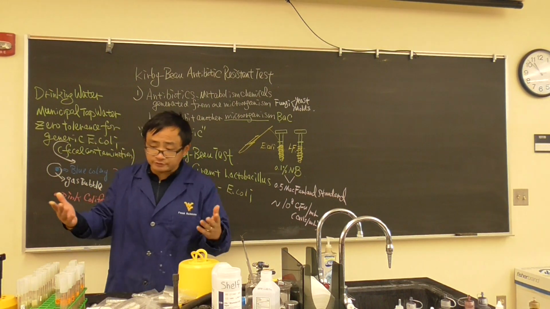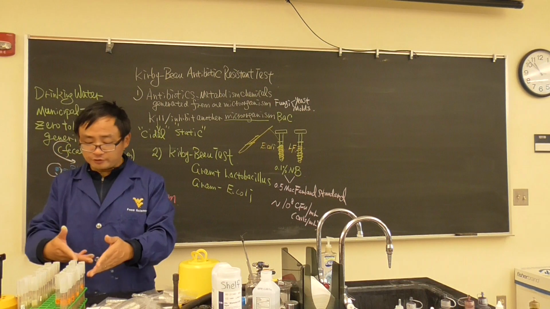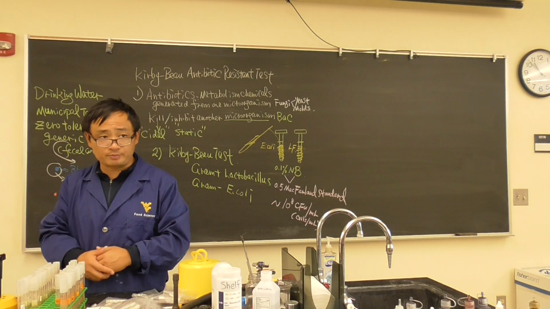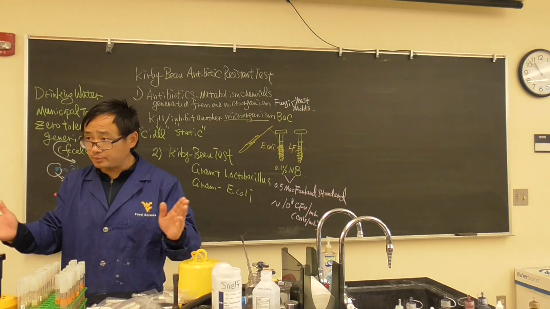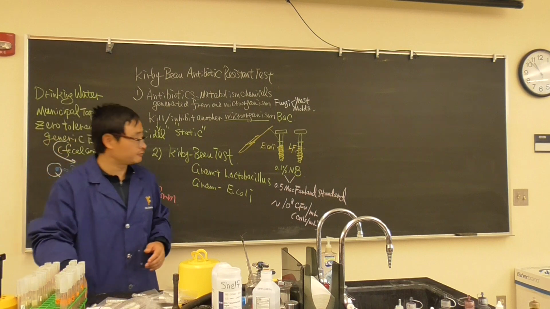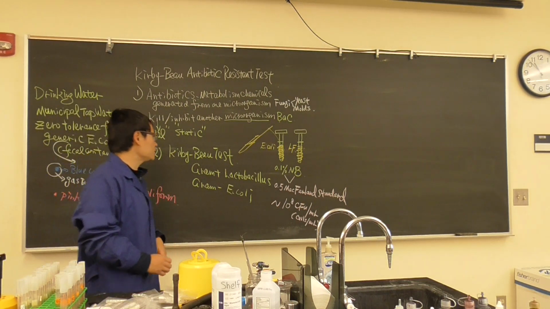But today, you don't have to do that, because we know if you pick about 1 or 2 colonies from these slants and put them in the 0.1% nutrient broth, it is approximately 10 to the 8 cells per ml. We did it for a couple of years already. So that's the first thing.